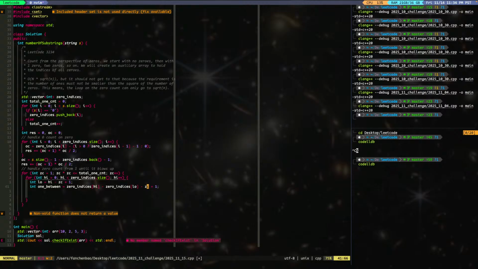Now, if 0 count is 2, right? 0 count is 2, then this one would just be like 1, 2 plus 1. Yep. So we have low and high like that, and then high minus this. I'd say 2 minus 0 is 2. Okay, I feel like this is right.